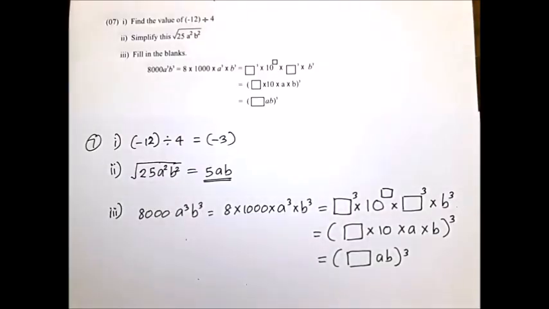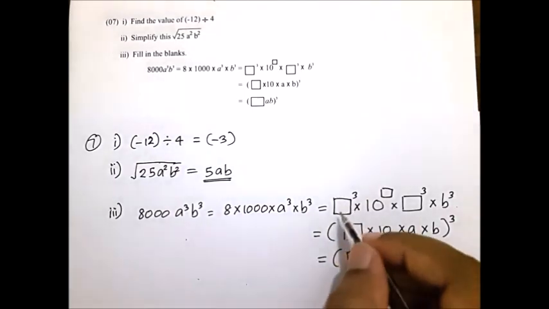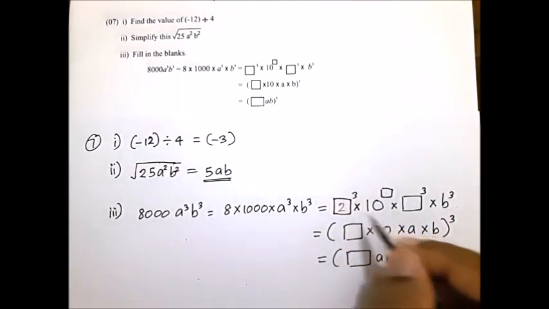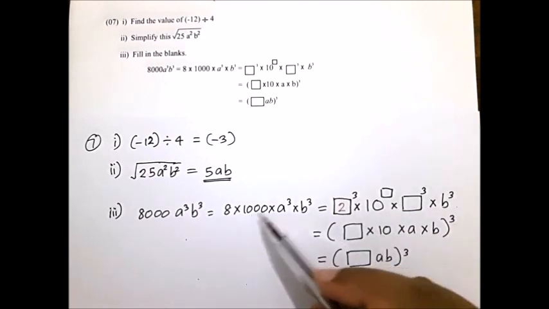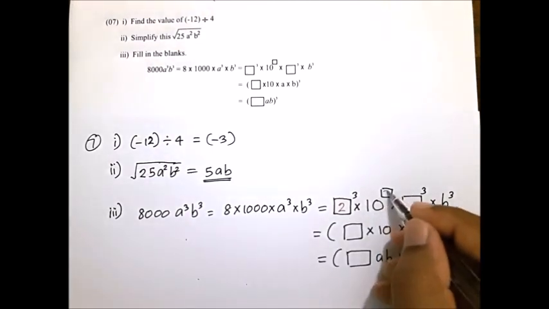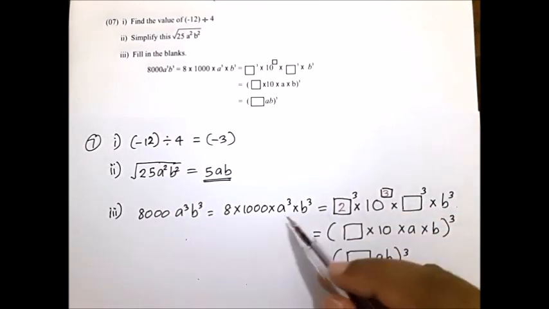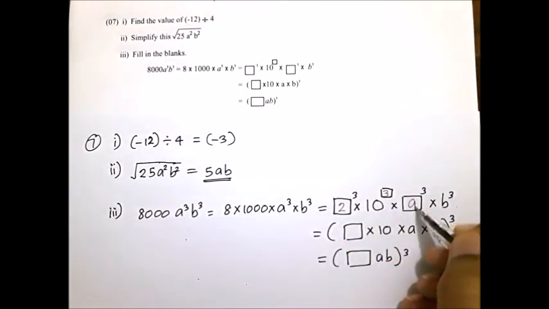Third part, fill in the blanks. Here 8. Write this in index form. 8 is equal to 2 to the power 3. Then 1000. 1000 is equal to 10 to the power 3. Here a to the power 3.